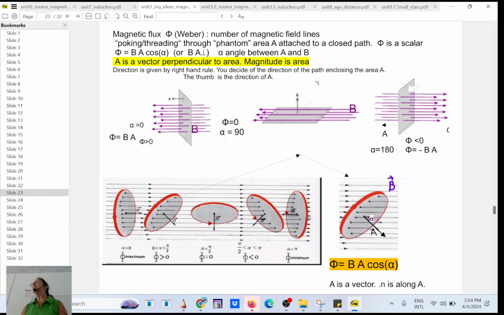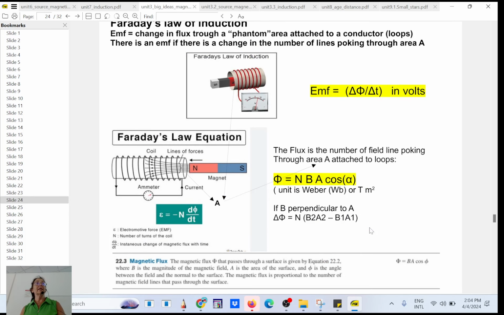It is proportional to the area. If you have a large area, you're going to catch more of those lines, and it depends on the angle. If the angle is 90 degrees, you are not going to catch anything. Is that clear? I like to go over that again.